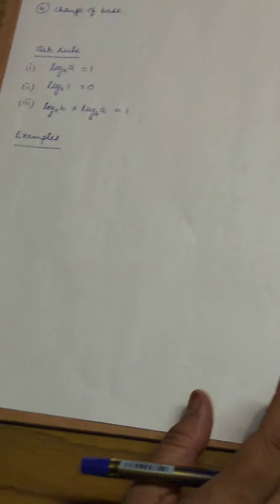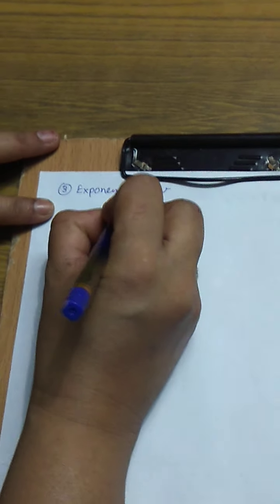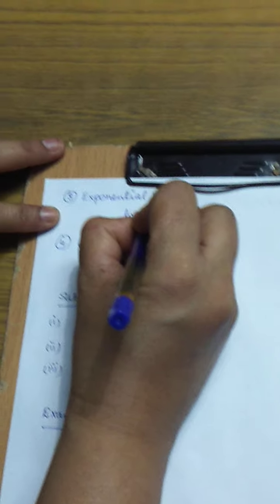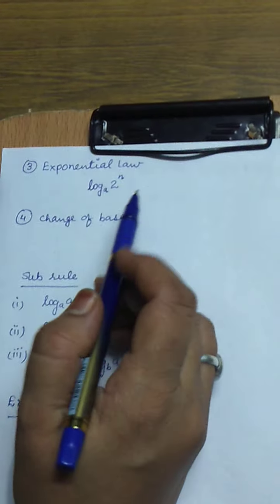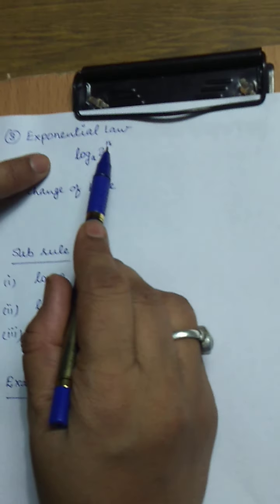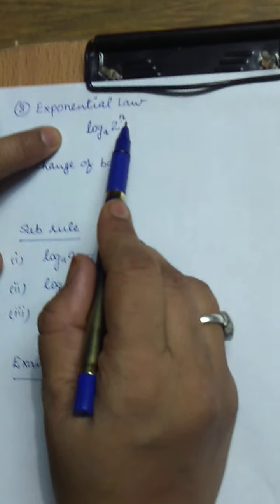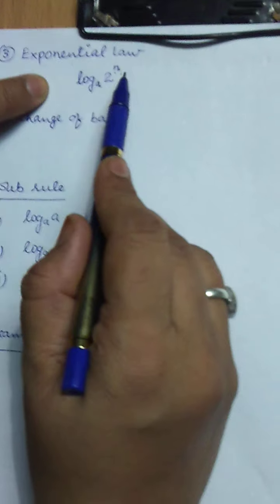The next law is the exponential law. Let us have an expression like this: log of m to the power n. This is a general log in which an exponent is also there. n is called the power or exponent.